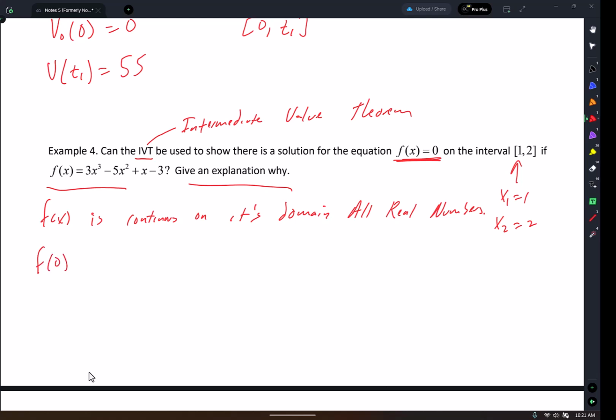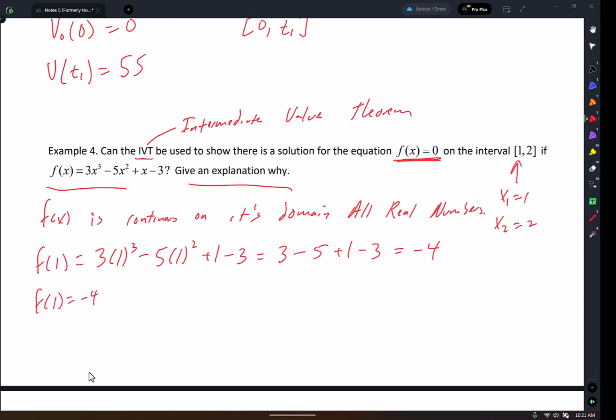F of 1 equals 3 times 1 cubed minus 5 times 1 squared plus 1 minus 3. Let's see what that is. 3 minus 5, that's negative 2, plus 1, that's negative 1, minus 3, that's negative 4. Okay. So f of 1 is negative 4.